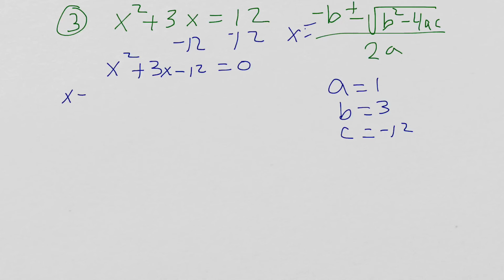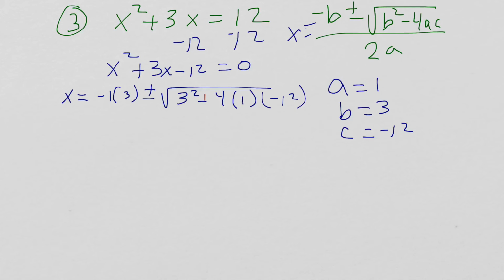So we're going to do x equals negative 1 times 3 plus or minus the square root of 3 squared minus 4 times 1 times negative 12. Remember, we're going to add a line, change the sign, and make that a plus negative 4. So x equals negative 3 plus or minus the square root of 9 plus 48 divided by 2.